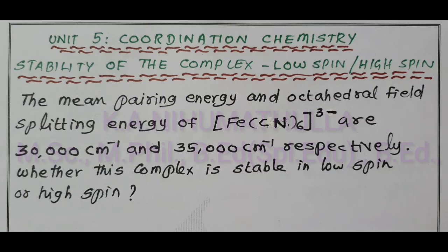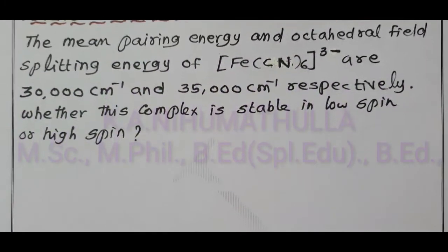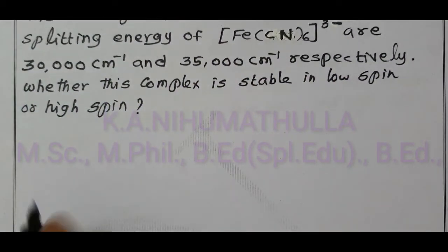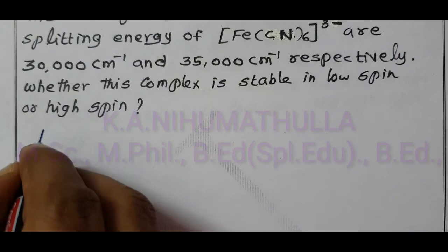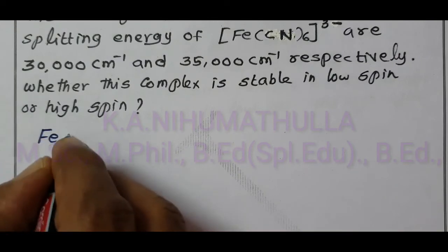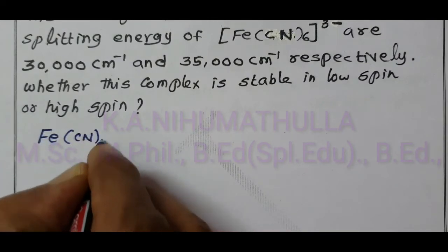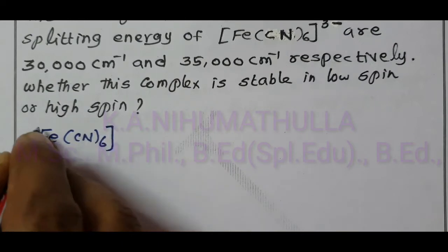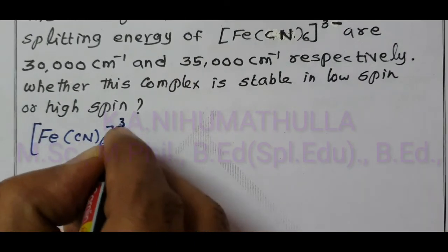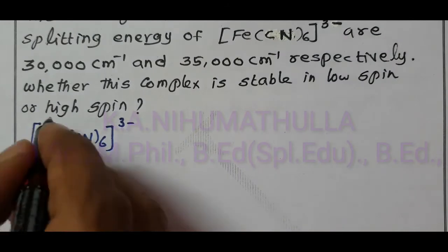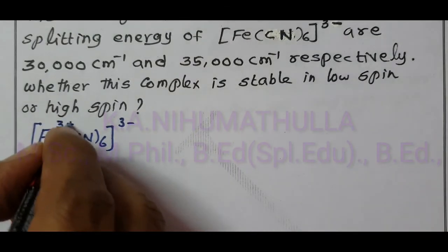Very easy problem. As in the previous video, first we are going to write the IUPAC name of the given complex, [Fe(CN)6]3-. The oxidation state of iron is Fe3+.